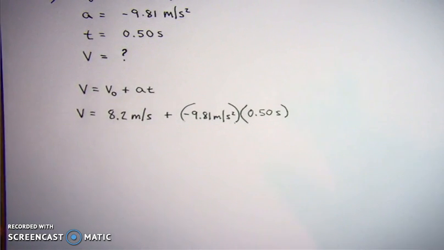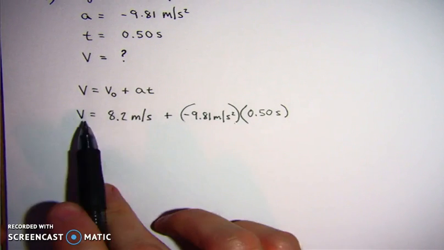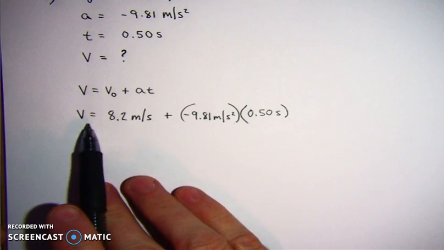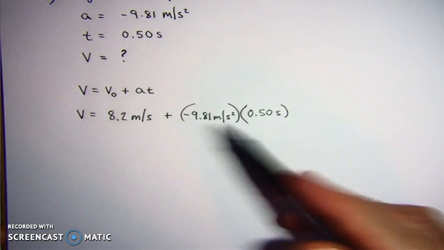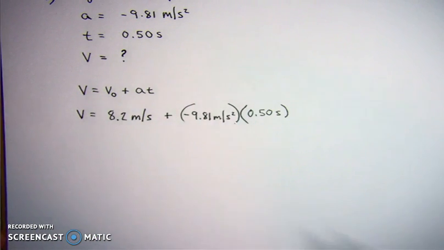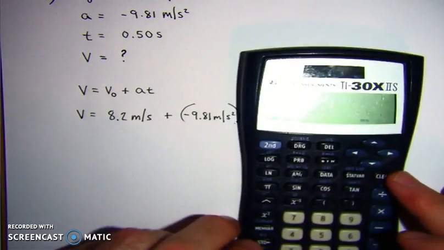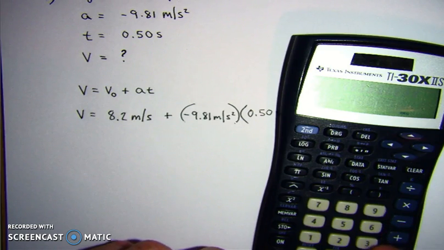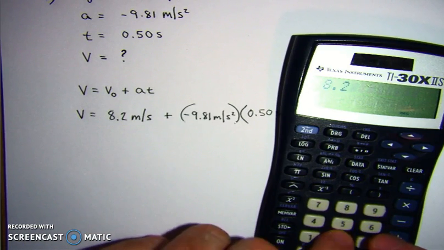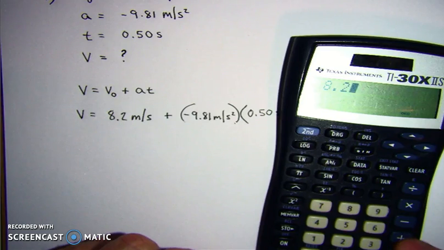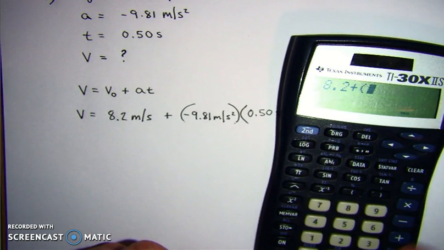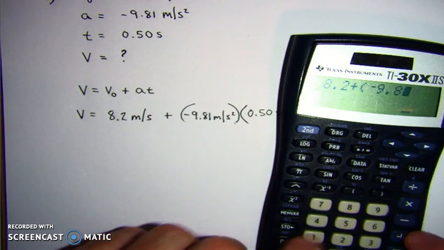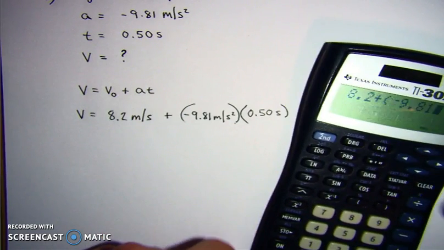Okay, now it's just a matter of solving, because I have the variable I want to solve for already isolated by itself on this side of the equation, so I'll just go ahead and solve over here. So let's do that. We have 8.2 plus negative 9.81 times 0.5.